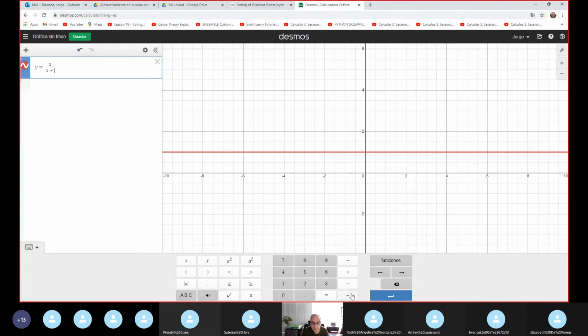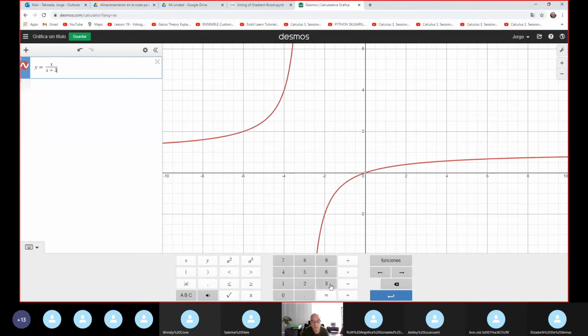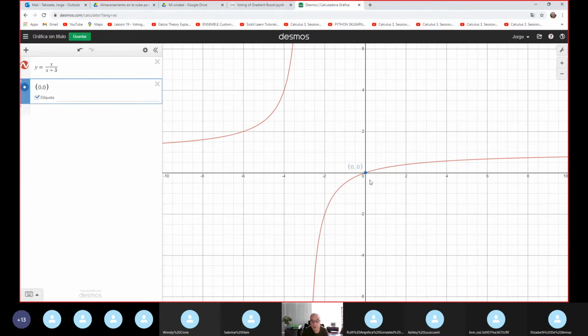Okay, there you go, something like that. I investigate also that the point 0,0 is, you know, the y and x-intercept.